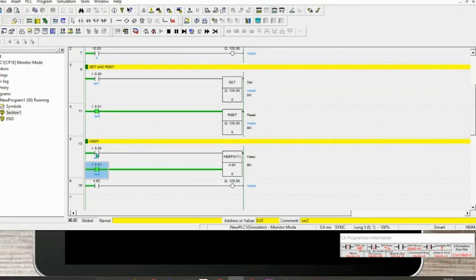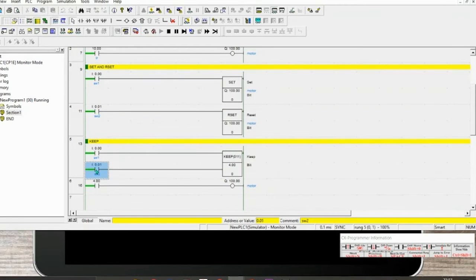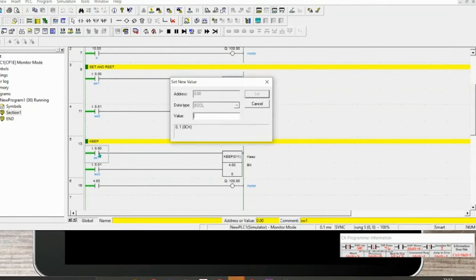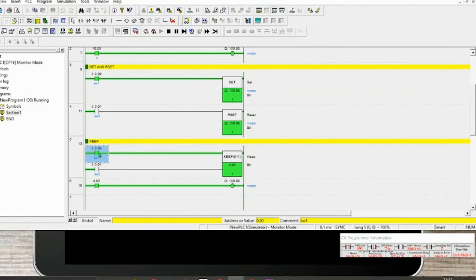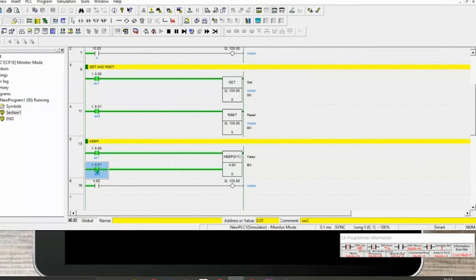Tapi kalau contoh saya kosongkan dulu. Saya tekan start. Dalam masa sama, saya tekan stop button ni. Saya bagi high pass kat dua-dua ni. Motor akan automatik berhenti. Ini kerana selagi start button ini diberi high pass, selagi dia tidak trigger kepada reset button, selagi itu motor akan bergerak.